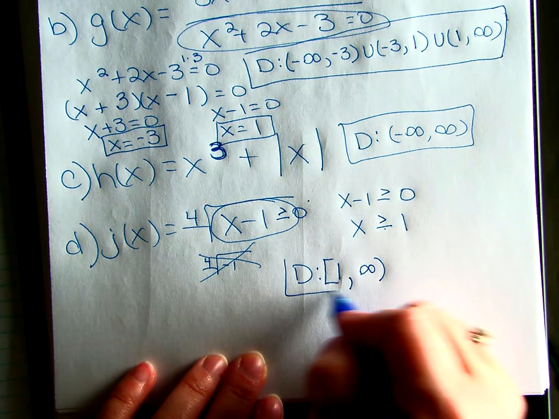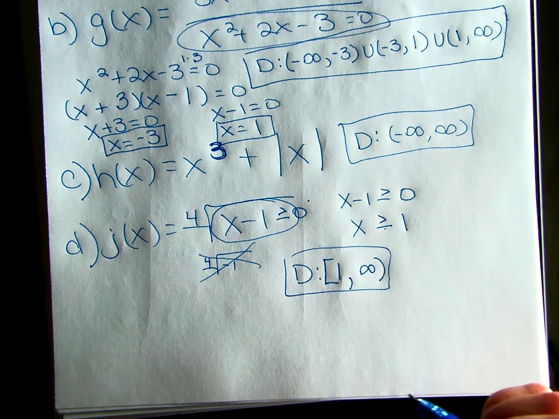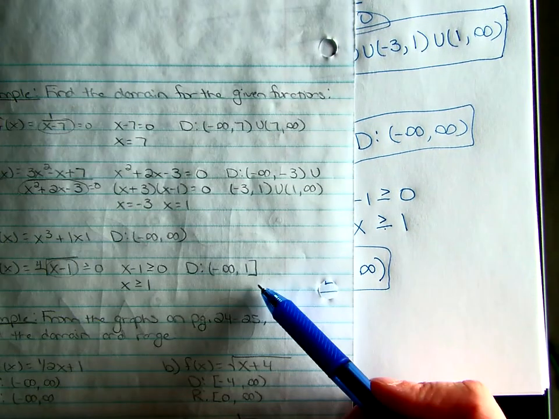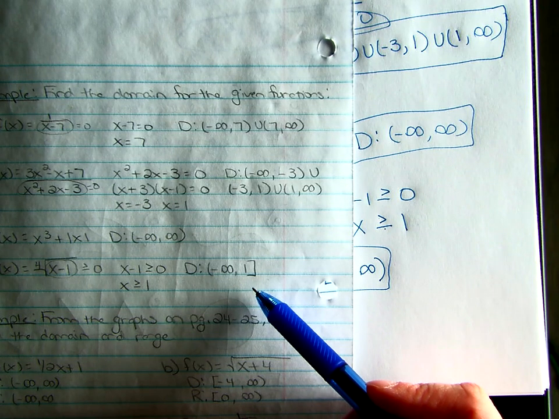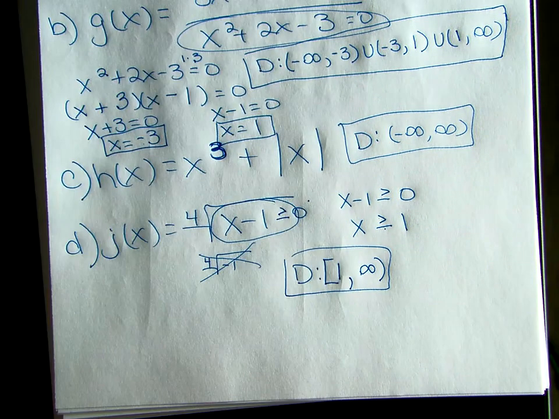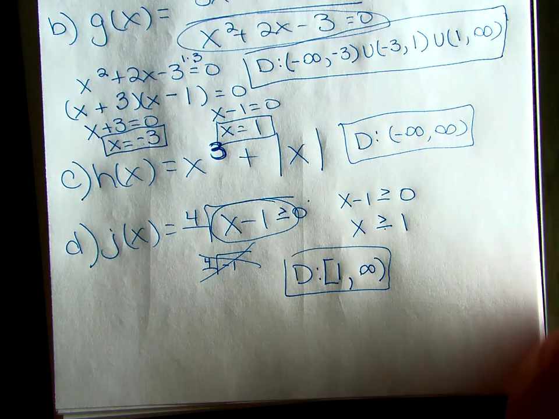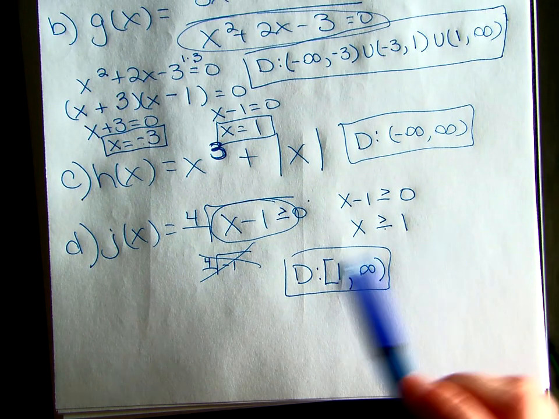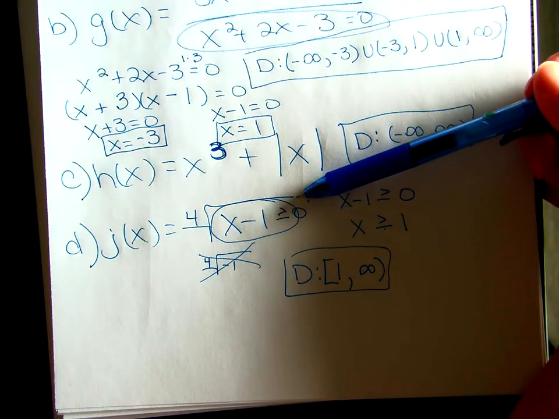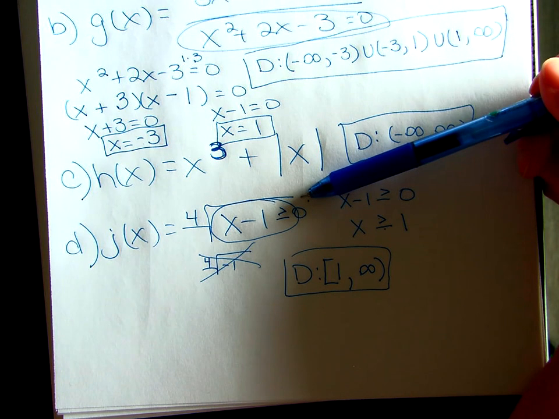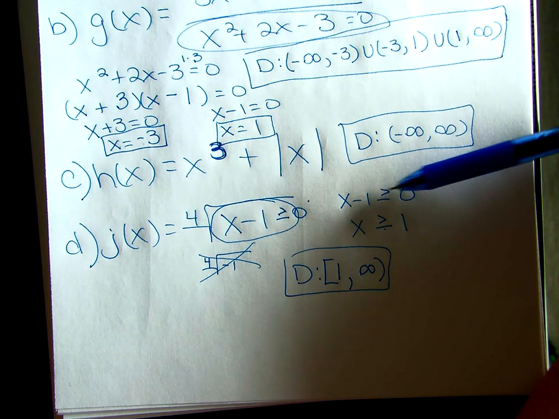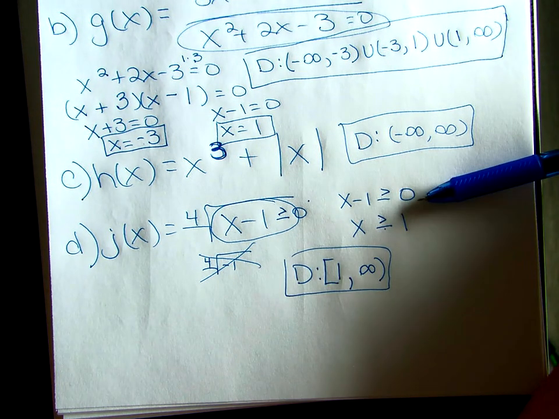This is my domain. Let me just go ahead and show you, though, for a second. My notes are wrong. I'll have to go change that. I did the opposite, so don't look at that. This is the correct answer. So when you're doing the radical one, where there's an exemption for the radical, what you're finding is that there's a whole range of answers that you cannot include in your domain.